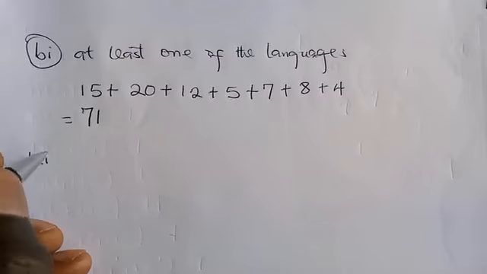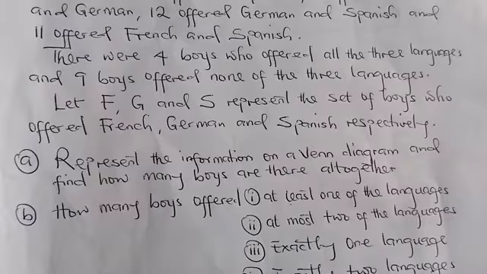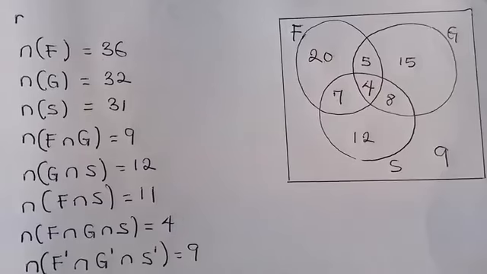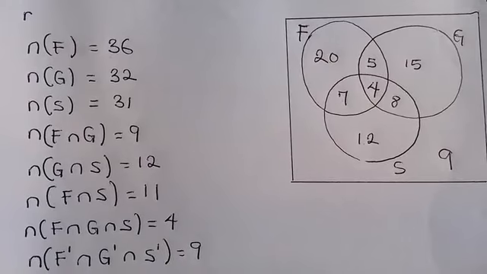The second question says, under this, the number of boys that offered at most 2 of the languages. So let's see those that offered at most 2 of the languages. When you are asked to find the number of students that offered at most, it means that is the maximum. So we are moving the number of students that offer 2 subjects or 2 languages downward.